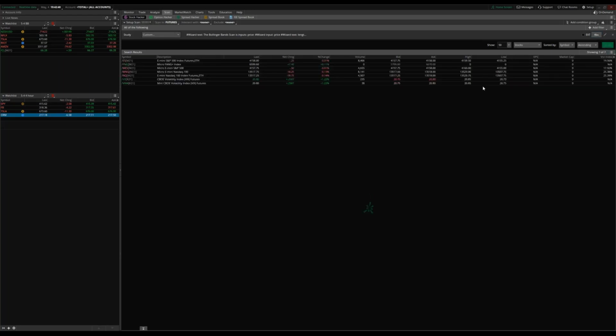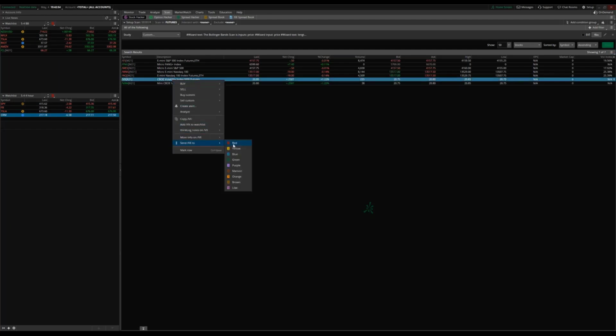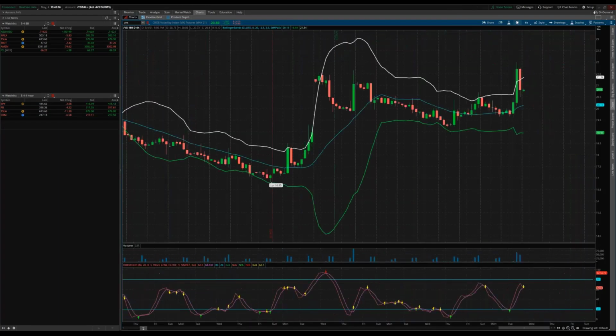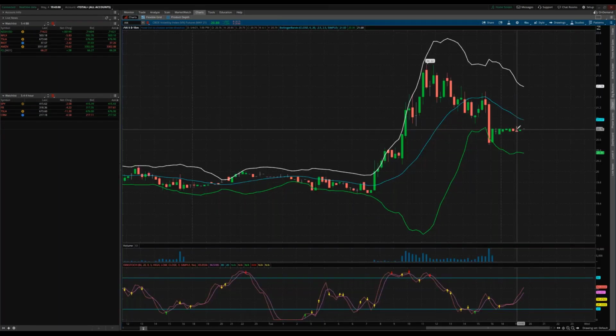All right, so let me bring up the VIX in this case. This is showing up on the 15-minute. I'm going to change this 4 hour to 15-minute, okay? You can see we had it right here. So it's basically closing below and then popping above that Bollinger Band, okay?